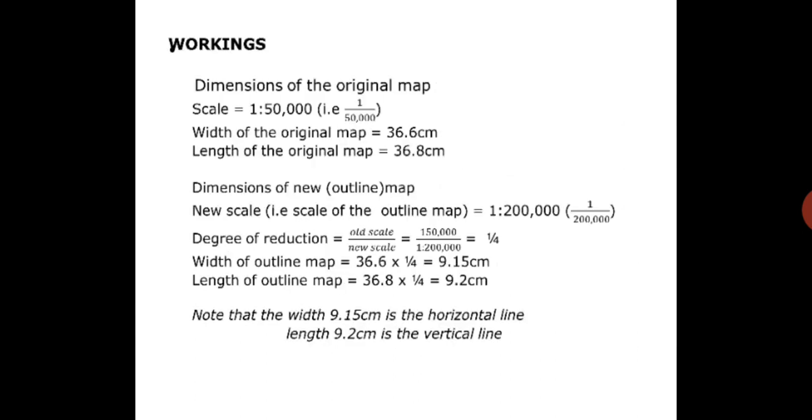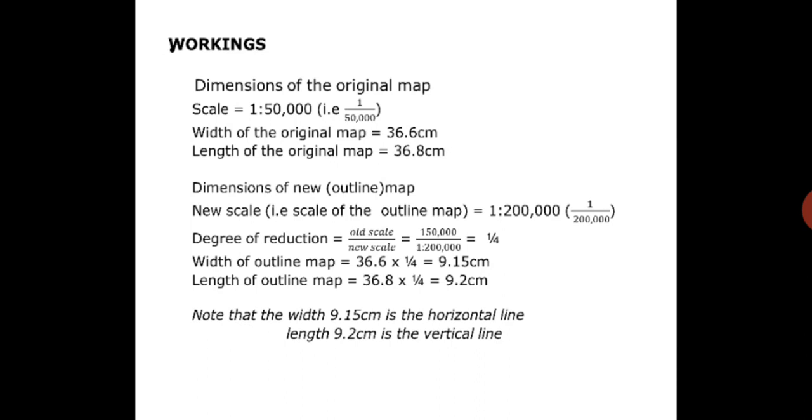Okay, let us be more practical. The dimension of the original map, that is the map before you, is 1:50,000.